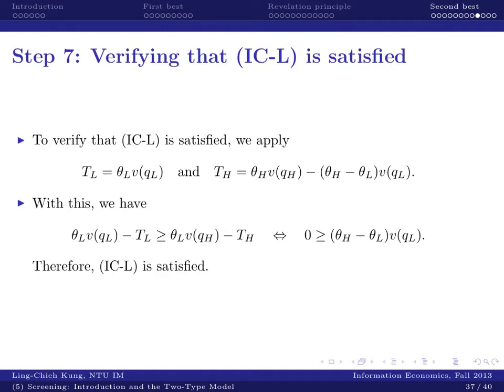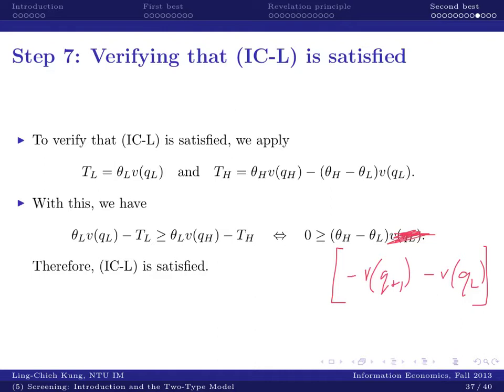So an optimal solution satisfies this, and now we can show that our ICL constraint will become this. Okay, actually this is a typo, so let me correct it. It will be theta H minus theta L times negative V of QH minus V of QL. Okay, try to verify this at home.